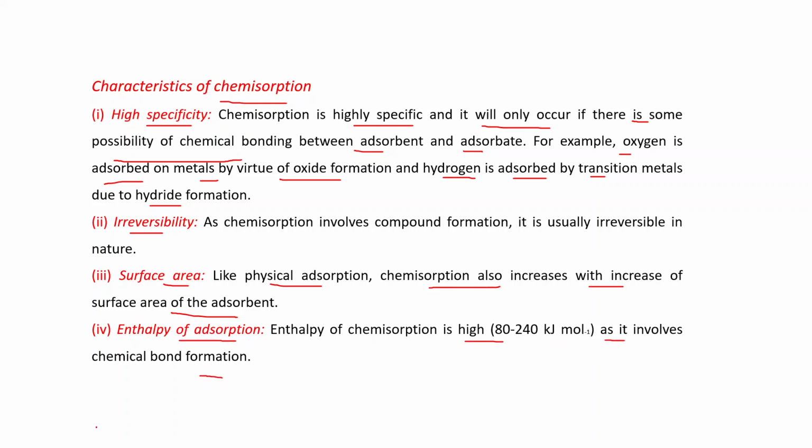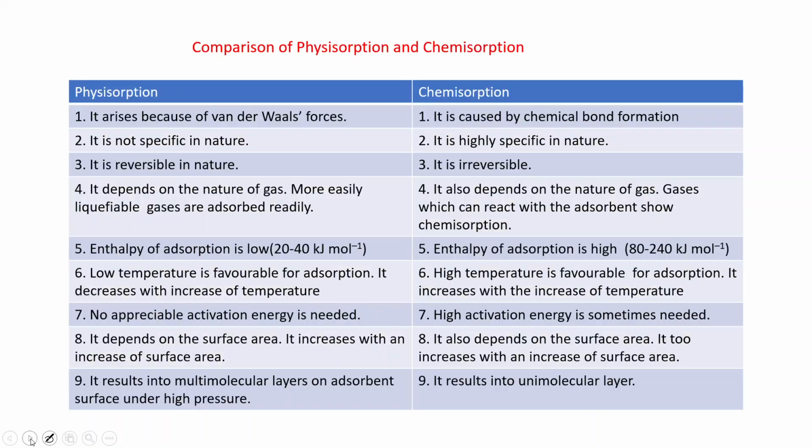Now after this, you must be able to compare physisorption and chemisorption. Now let us see. Physisorption arises because of van der Waals force, while chemisorption arises due to chemical bond formation, and this chemical bond may be a covalent bond or ionic bond. Physisorption is not specific in nature, while chemisorption is highly specific in nature.